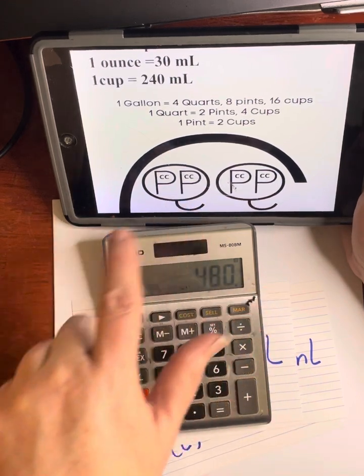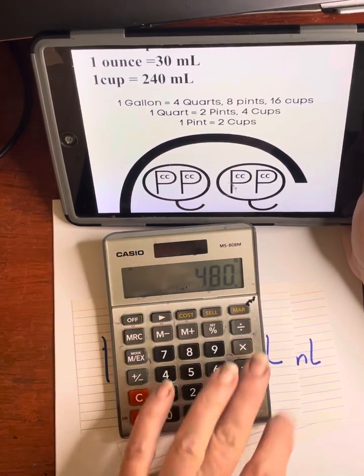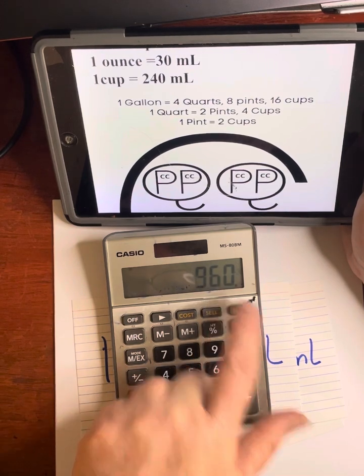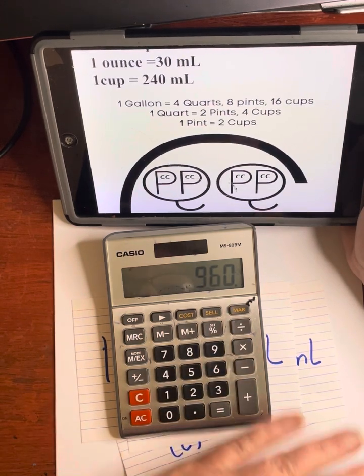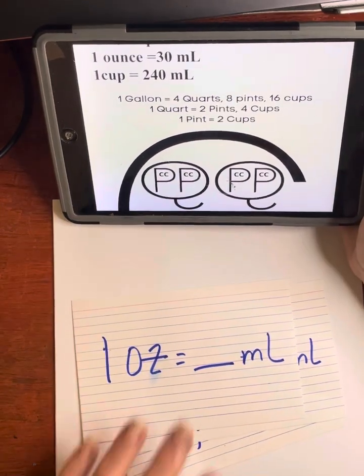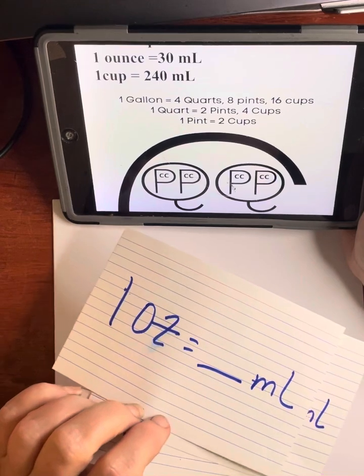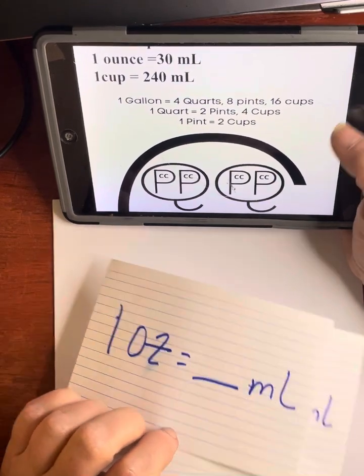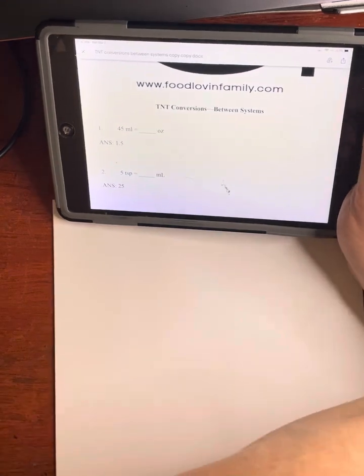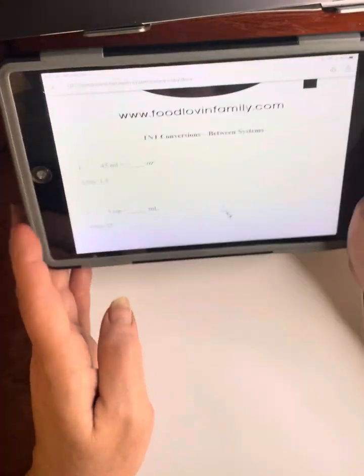So 2 pints make a quart. You could do that times 2. Look how much is in a quart: 960. So I just want you to see how, if you put it on cards and flash yourself until you know them, you're going to be happy when you get to PEDS.